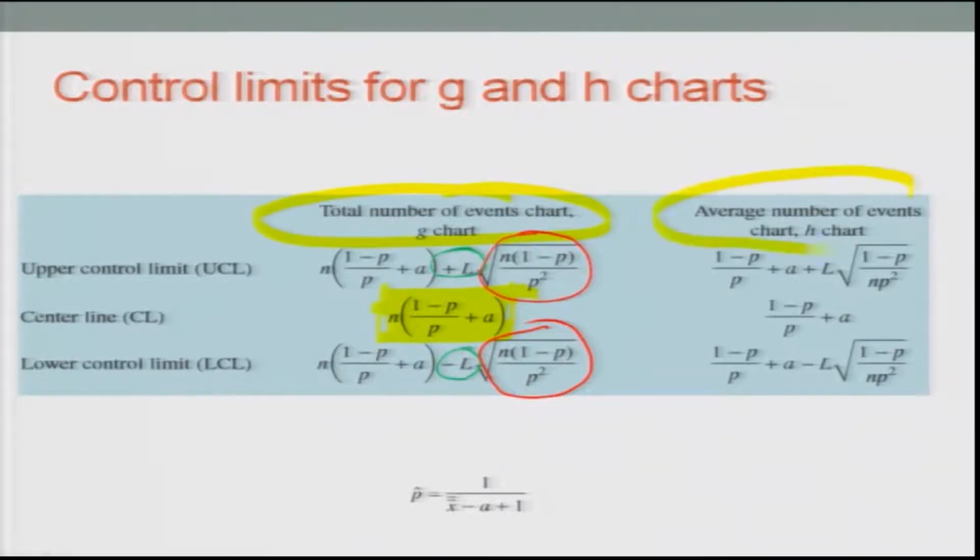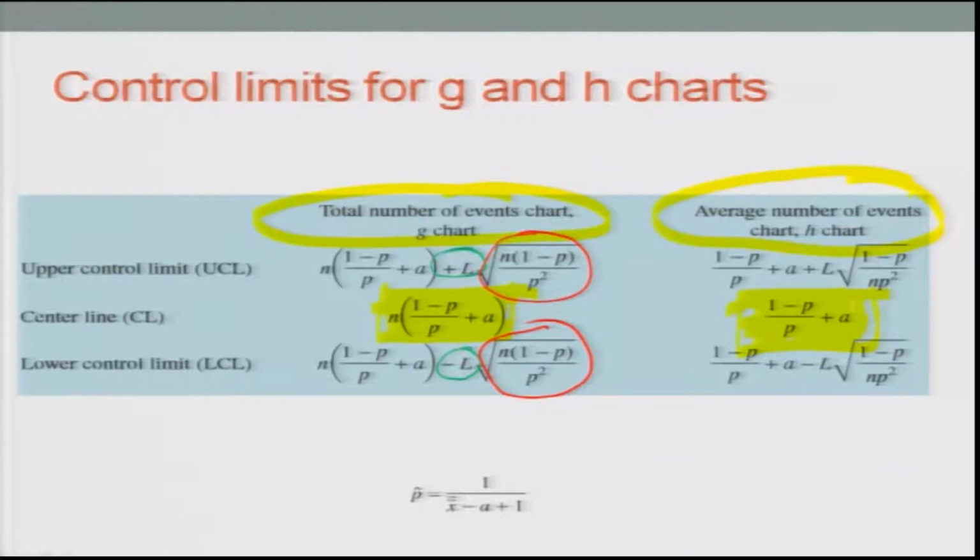So, this is the average number of events chart, which is H. Let me again highlight the average value. So, as you divide by n, obviously those changes would be there. So, it is (1 minus p) by p plus a.